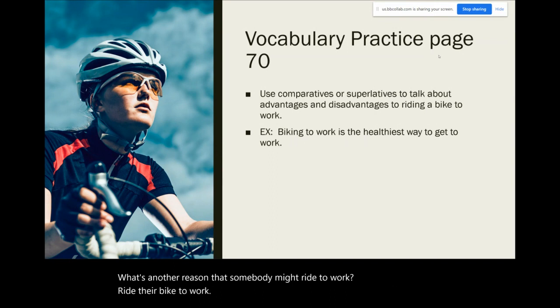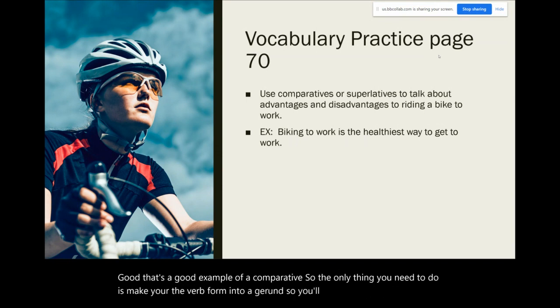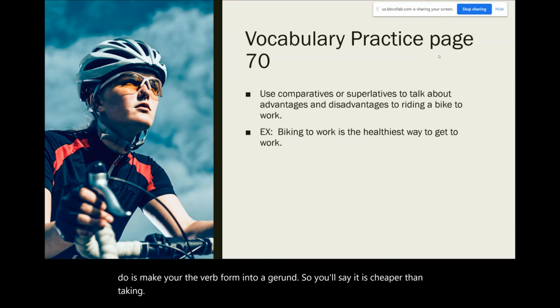Because it is cheaper than take another transportation method. Good. That's a good example of a comparative. So the only thing you need to do is make the verb form into a gerund. So you'll say, it is cheaper than taking another form of transportation.